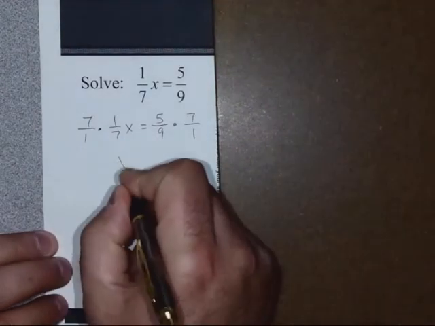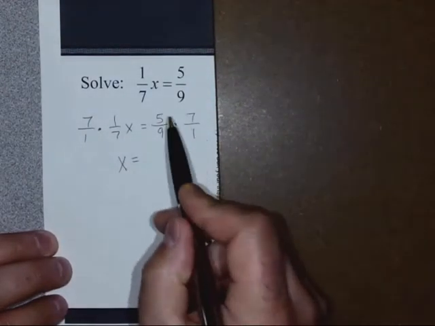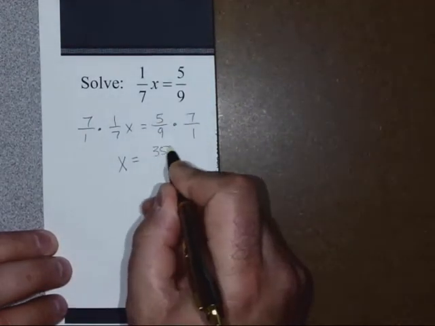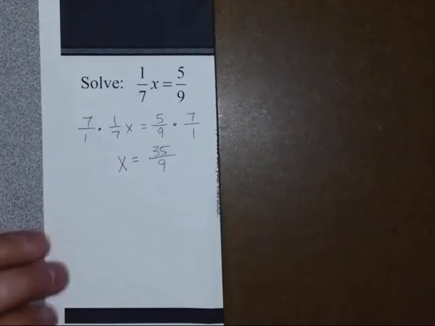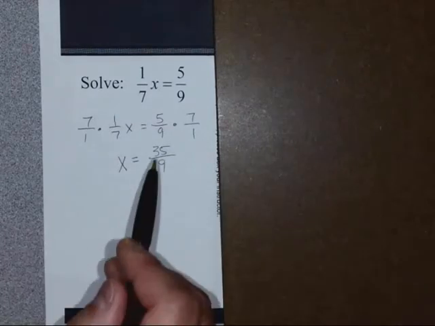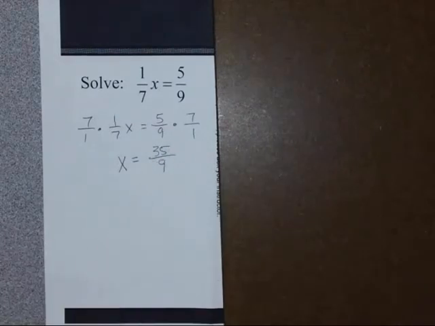This gives me x. Then I multiply across the numerator and the denominator, and get 35/9. If I could reduce this, I would want to do that, but this is an improper fraction that cannot be reduced, so we'll keep that in that improper form.